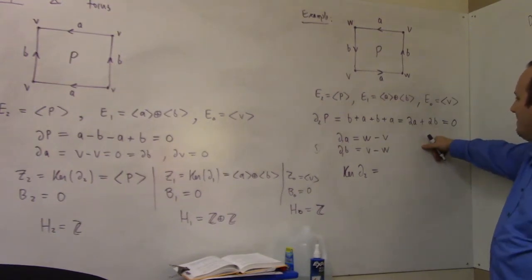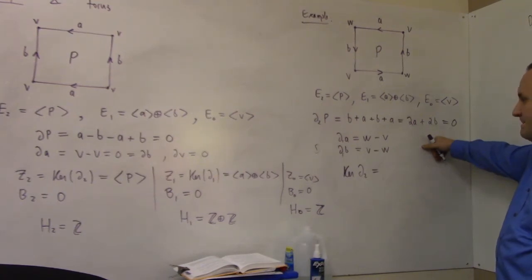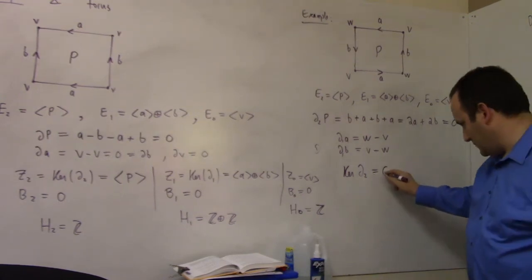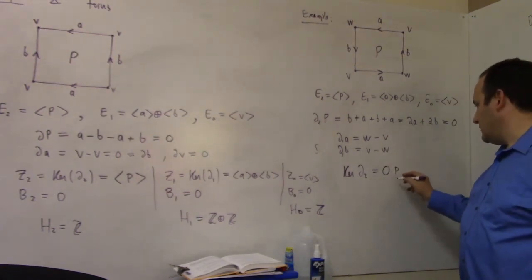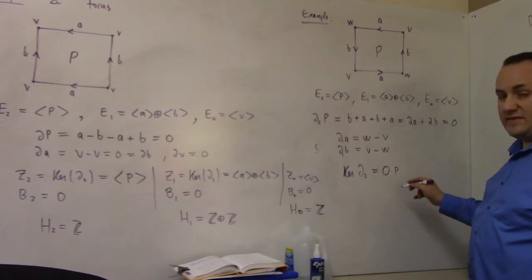So if you take the boundary of M times P, where M is some integer, it's going to be 2M times A plus B, which is only going to be equal to 0 when M is equal to 0. Therefore, the kernel has to be 0 times P. I believe you, and that makes sense.